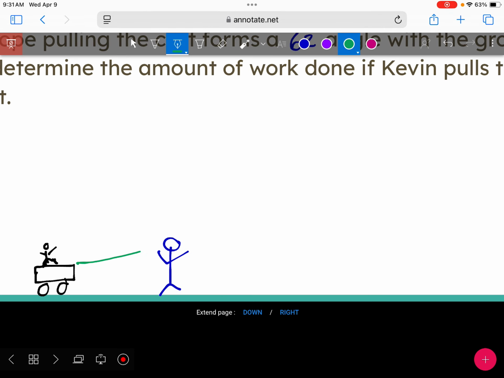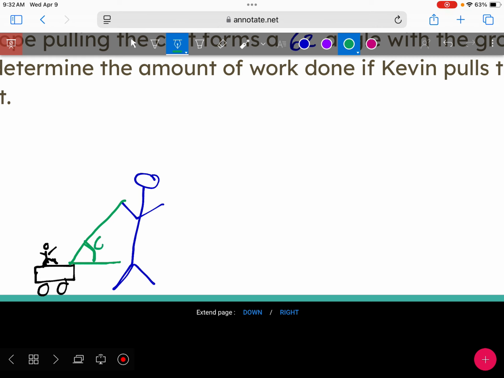But the rope that he's holding is... he's apparently standing significantly closer to the wagon, or he's very much taller. Hang on, I've got to make Kevin taller because this is way too small. I was just making it bigger because that angle was messing me up. There we go. Our angle is at 62 degrees.